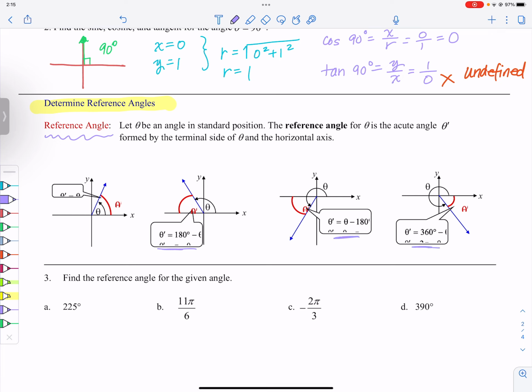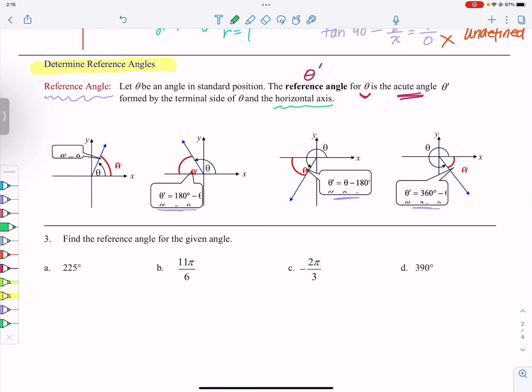Okay, so let theta be an angle in standard position. Now we're going to define the reference angle. The reference angle for theta is the acute angle. So our reference angles are always acute, and it's formed by the terminal side of theta and the horizontal axis. Most important thing, we will always bring that angle up towards the horizontal axis.